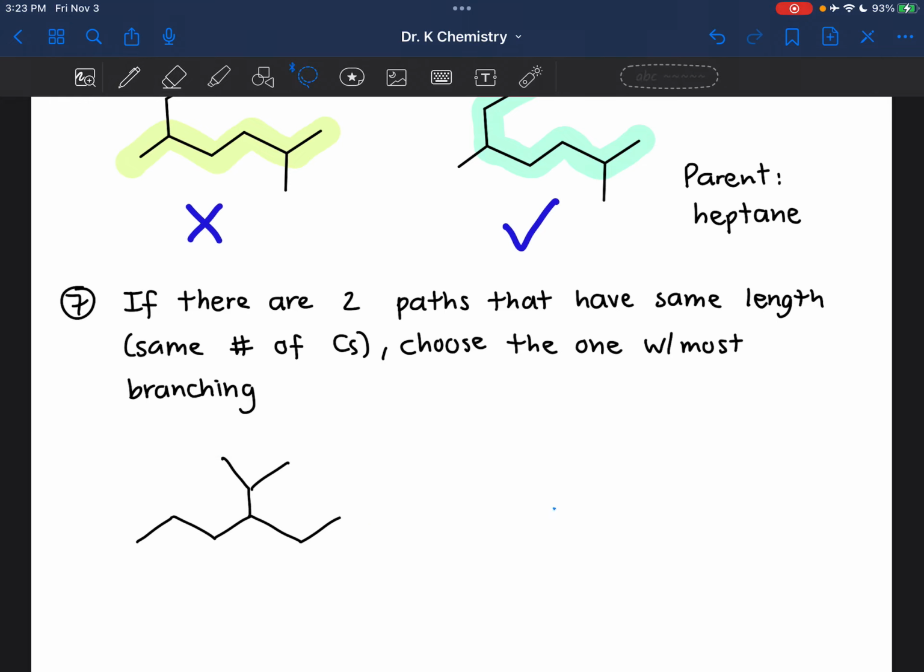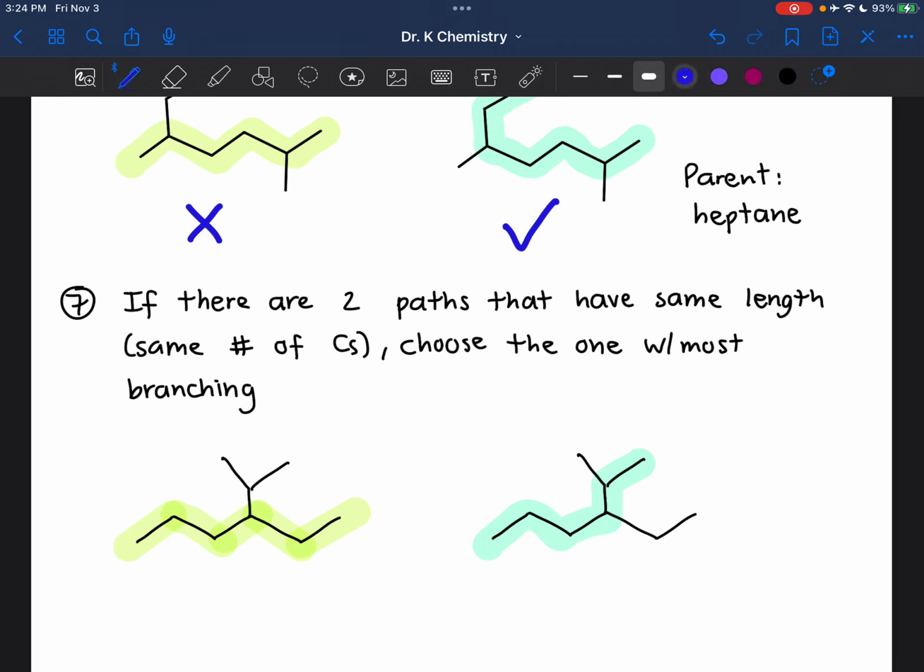Okay, I'll try a couple of different options here. All right, I could go directly across, and in that scenario, this longest continuous chain has 6 carbons. Cool. Or I could go in this direction and the longest continuous carbon chain still has 6 carbons.